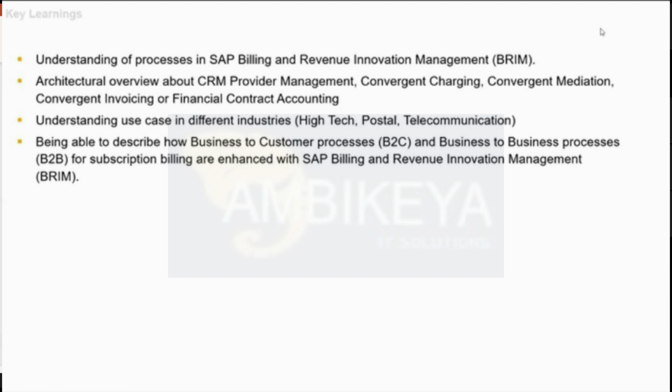The subscription billing you're talking about is part of the C/4HANA solution, right? It used to be. There always was a strong focus on the front end, which is why subscription billing was part of C/4HANA or CX, customer experience.